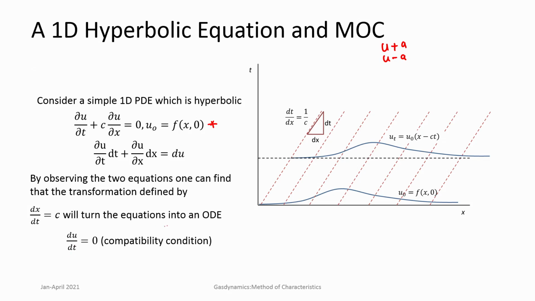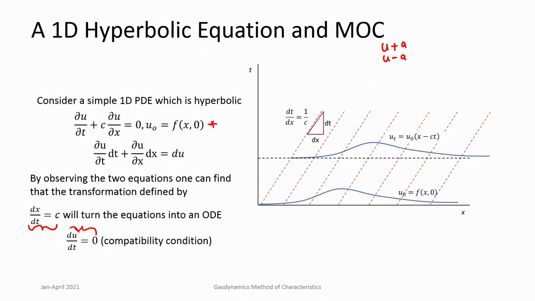This particular equation dx by dt equal to c, which is also an ordinary differential equation, is known as the characteristic equation, and the consequence of which, the PDE turns into an ODE, du by dt equal to 0. This equation is known as the compatibility condition.